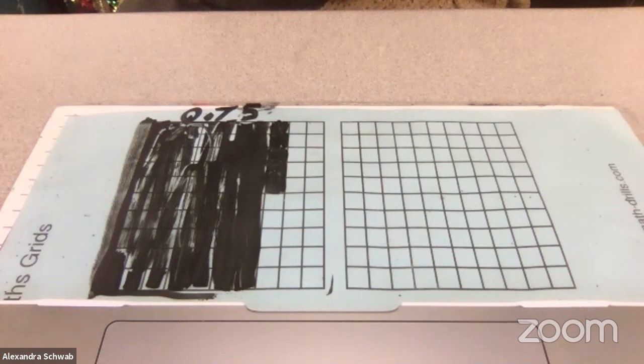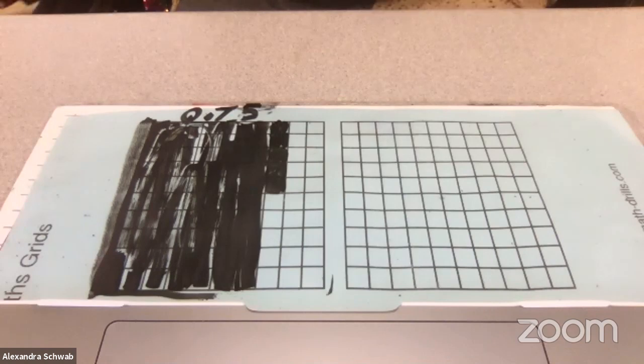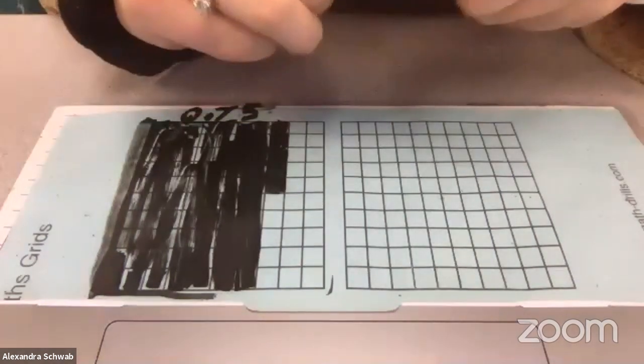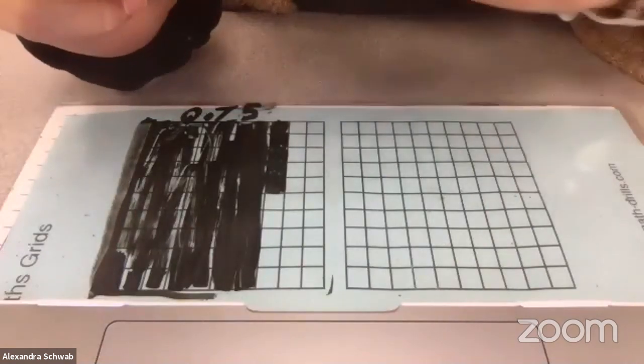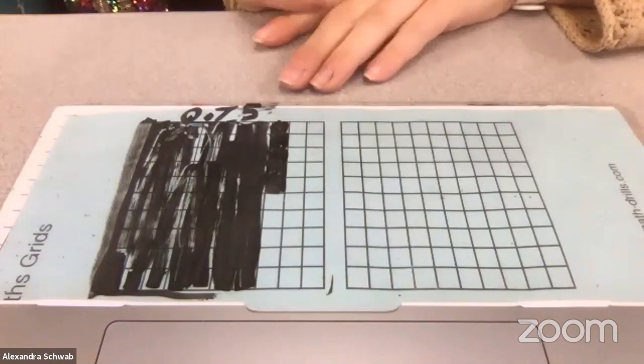Okay. So now I'm going to take a different marker and shade in the next number, which in this problem is 1 and 10 hundredths. So here's the tricky part.